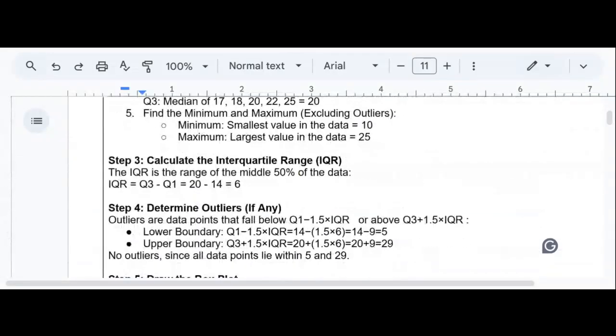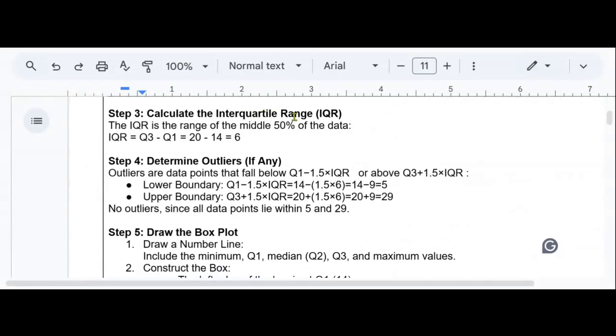There are 5 steps we have to follow. Calculate the interquartile range first. The interquartile range, which is called IQR, is quartile 3 take away quartile 1. So subtract what? 14 from 20.